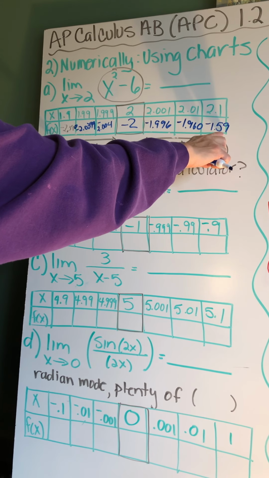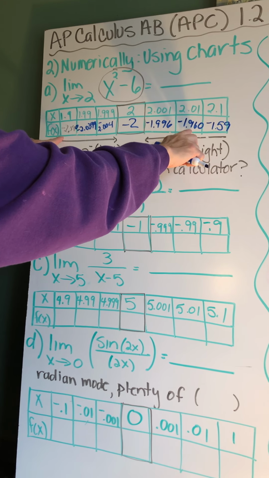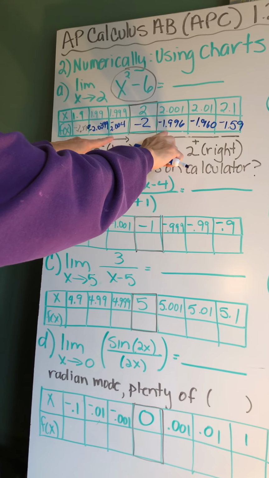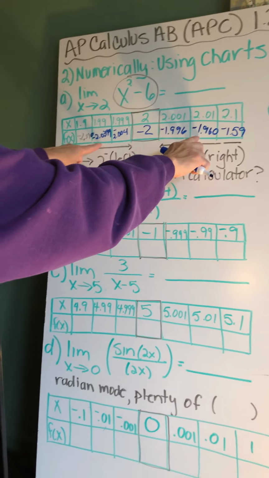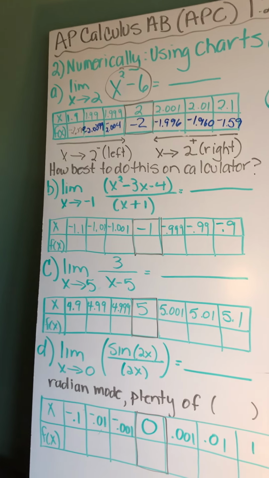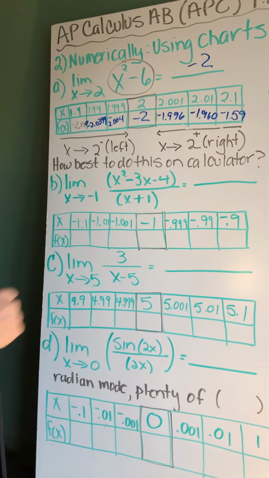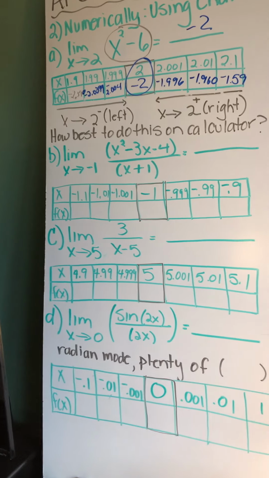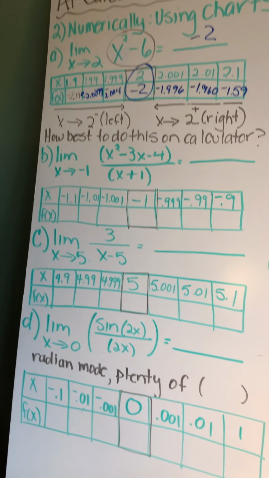The values seem to be getting closer to a -2 as I approach from the left and the right. Take a look at these y values. Hopefully you agree with me, they're approaching a -2. And so that is the limit. Now, does it happen to where x is 2 also hit -2? It sure does.